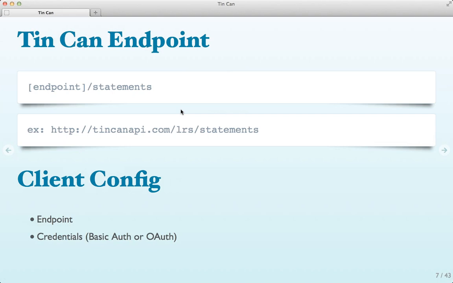If you were to issue a GET, assuming there is an LRS endpoint at tincanapi.com/LRS, which there isn't, but if there was and you issued a GET to that URL, then you would get back a list of statements that LRS had. Now, there would be limits on how much you get back at once. There's pagination and so on, but it really is as simple as that for just getting statements out of a system.